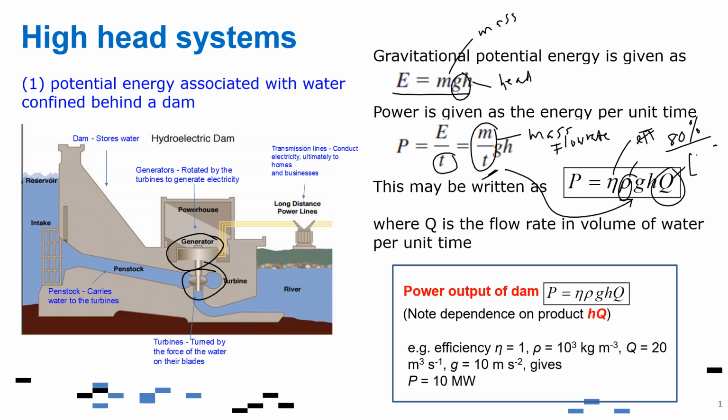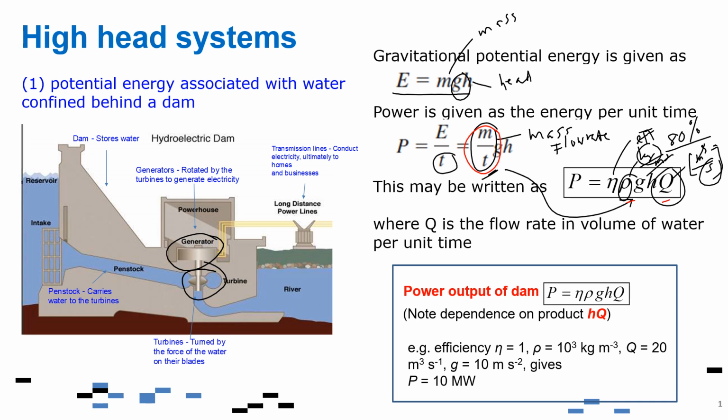Volume flow rate is cubic meter per second, and rho is kilogram per cubic meter. If you cancel cubic meter, it becomes kilogram per second. So we can now see that this part, m over t, is the same as rho Q. We can expand like that to get the power.